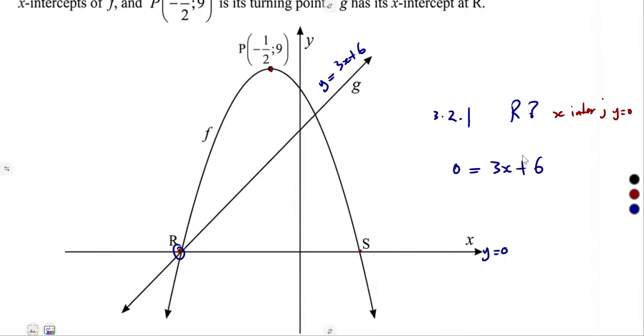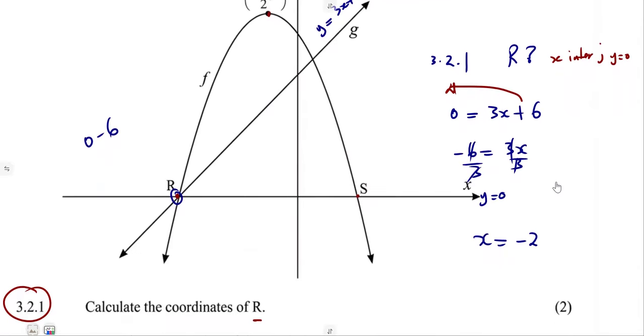Let us solve for x. 6 to the other side is going to be negative. So that's 0 minus 6, which is negative 6, is equal to 3x, divided by 3 by 3. So x is going to give us what? Negative 2. So that's the x value at r there. So therefore our r is negative 2, 0.